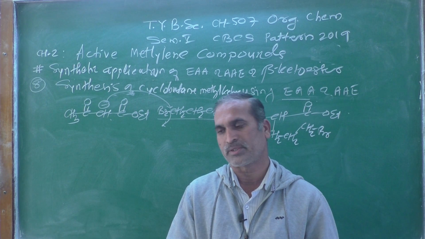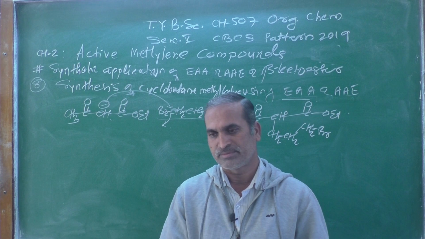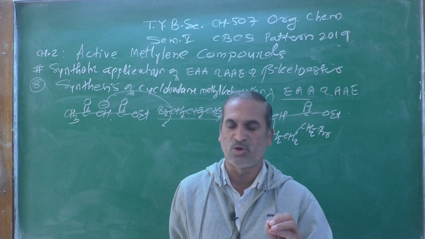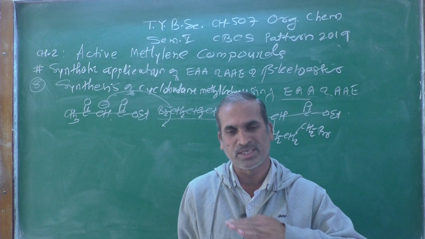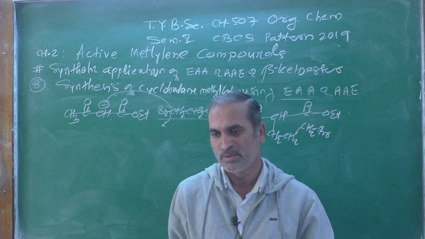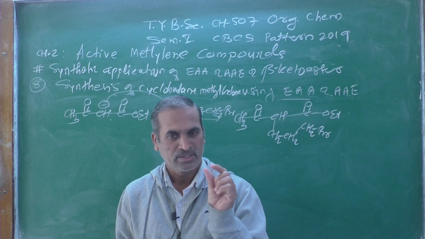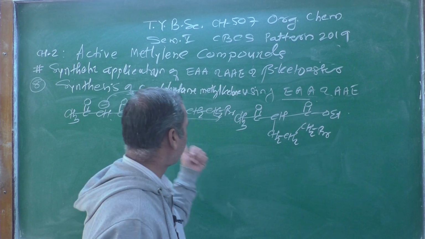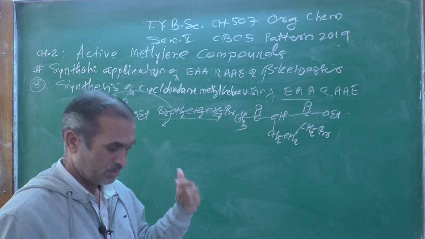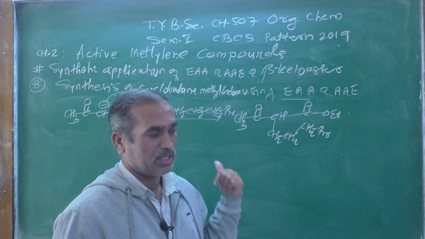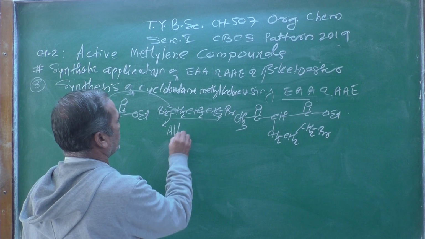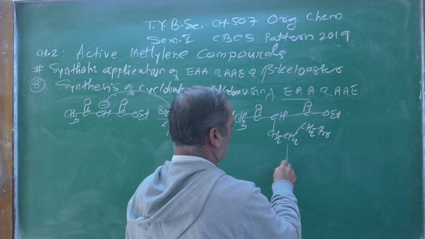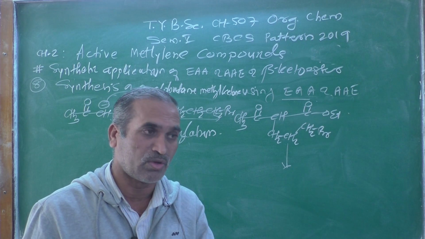And finally you will get the desired product, the final product. But during the dialkylation, remember, for monoalkylation we do the general step by step, but in the case of dialkylation, after using the first base and the first alkylation, you further treat with another molecule of the base.